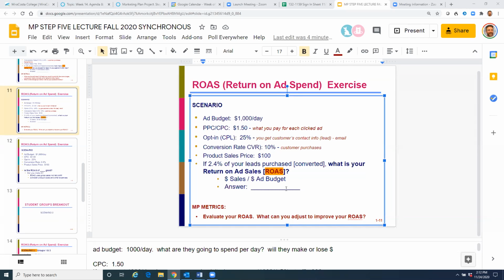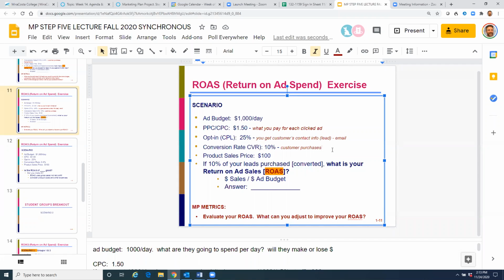Go ahead and take your sales. Actually, let's use the 10% because that keeps my numbers. Let's assume we have this crazy good conversion rate of 10%. So we had 167 leads, 10% of them bought. That would mean 16.7.